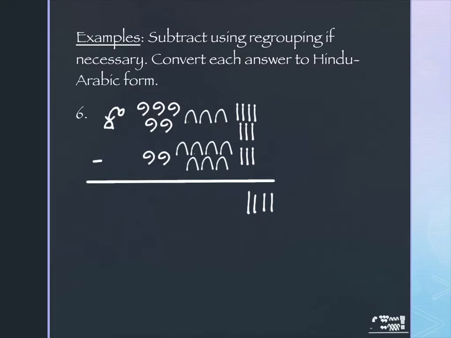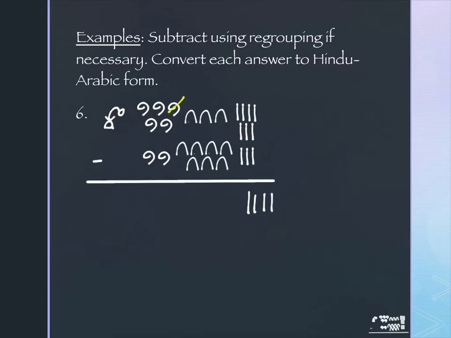All right. But there's a problem when we get to the heel bones. There's 3 heel bones on top, and how many are there on bottom? 7. Well, I can't have 3 minus 7. Just like in Hindu Arabic mathematics, we don't do 3 minus 7. We regroup, or we borrow, from the next place value over. For us, we're borrowing from the scroll's place.